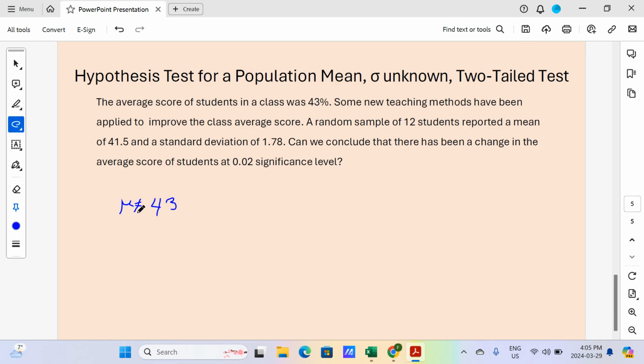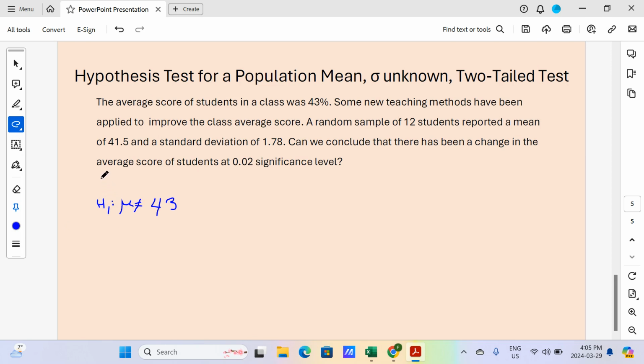Can it be the null hypothesis? No, because I don't have any equal sign. We must have the equal sign in H0, the null hypothesis. So we already have the alternative one, H1 here.